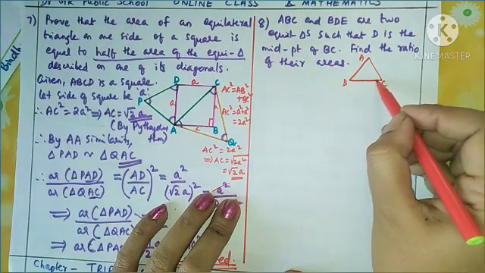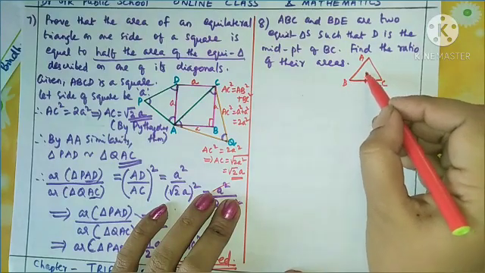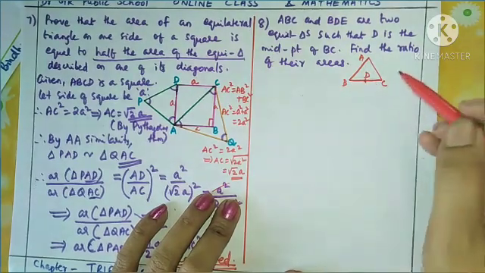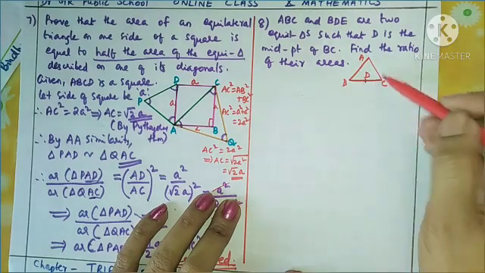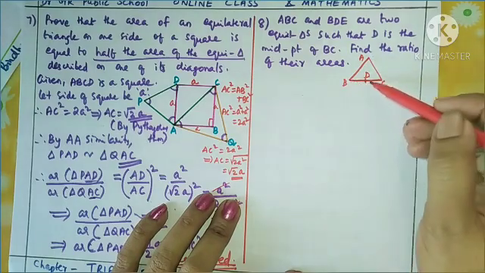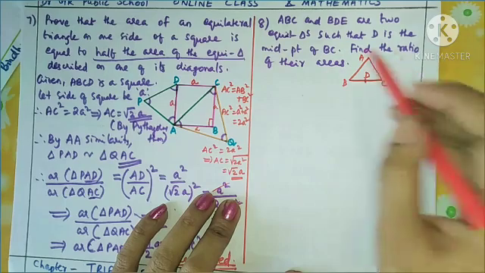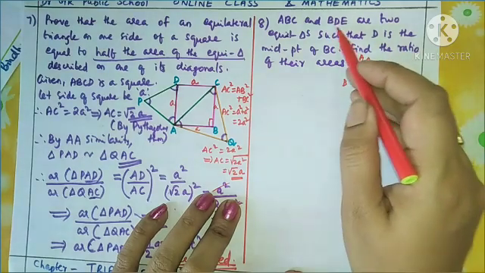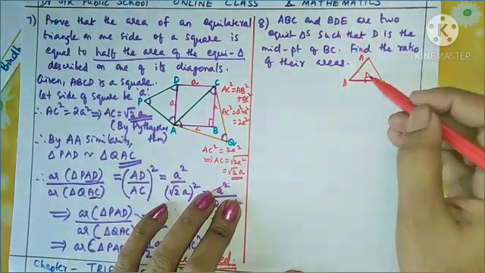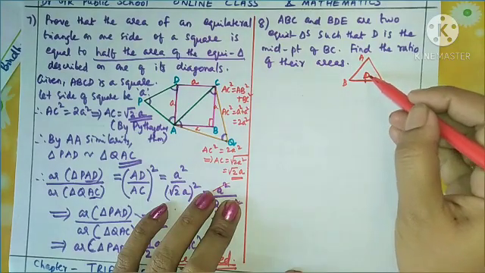The other triangle is BDE, so one side of that triangle is BD.